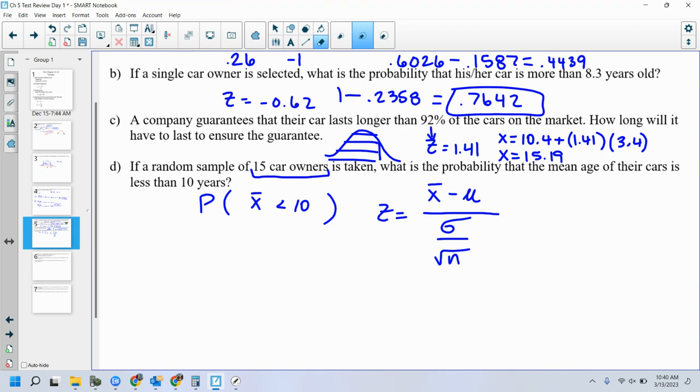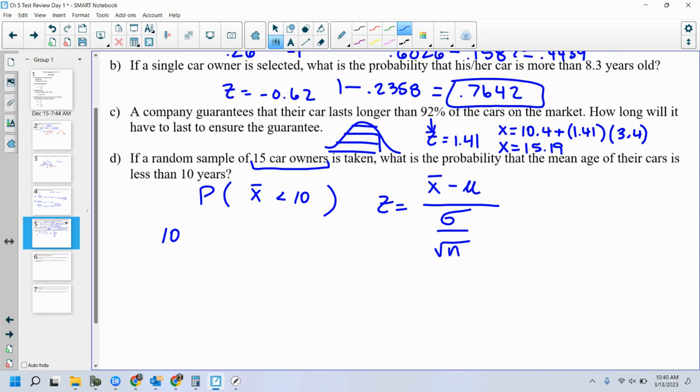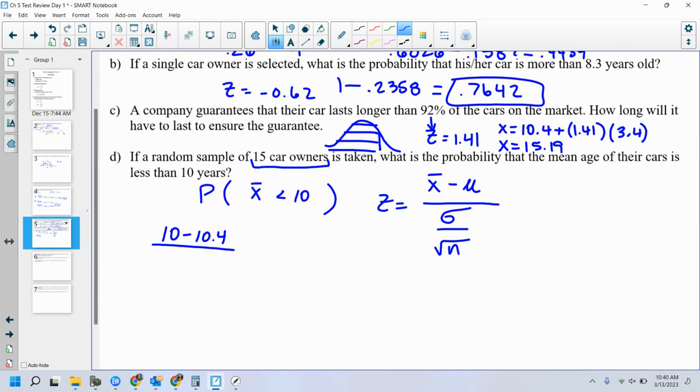So x bar is 10. What was the mu? 10.4, divided by sigma, which was 3.4, divided by the square root of n. What's n in this case? 15.